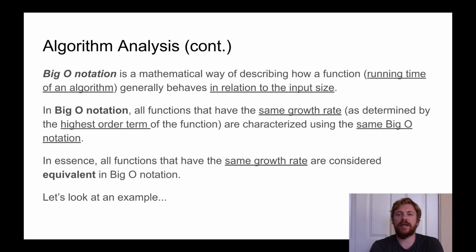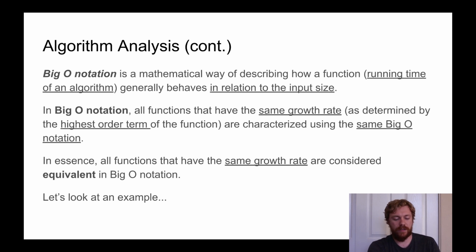And it's also the same as 100n squared. The reason why is because big O, or the asymptotic notation here, only cares about growth rate. And the growth rate is only determined by n, and in this case n squared, for the example. So in essence, all functions that have the same growth rate are considered equivalent in big O notation.